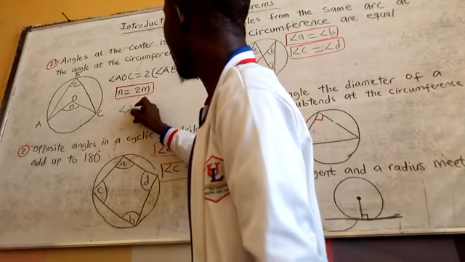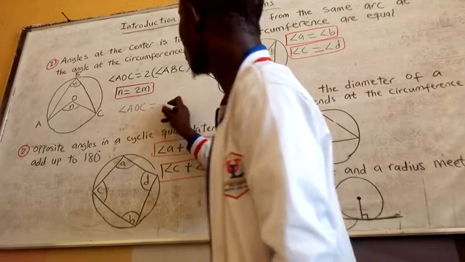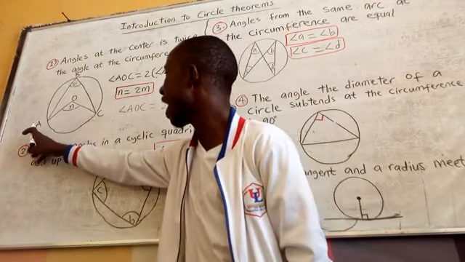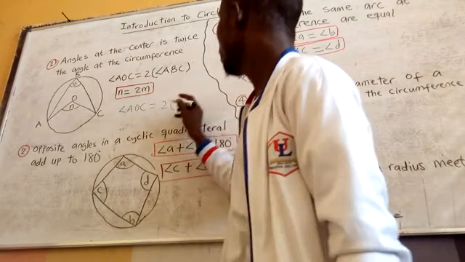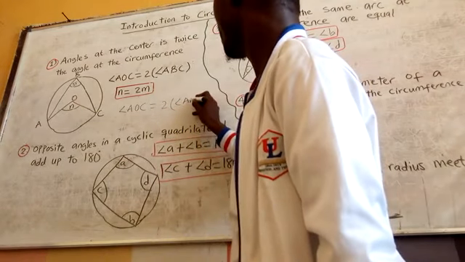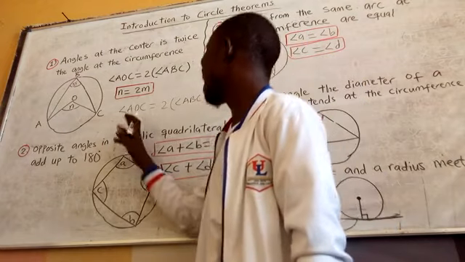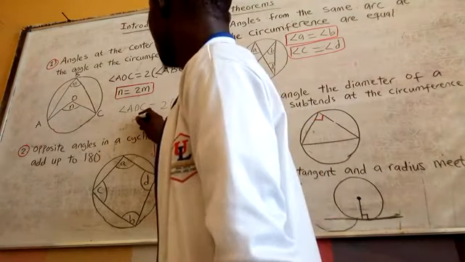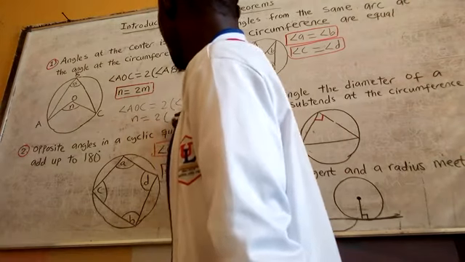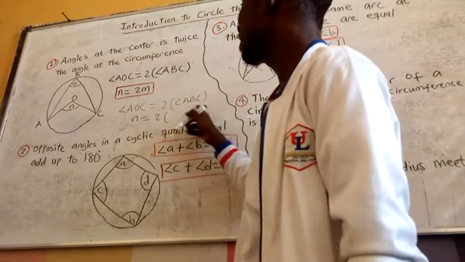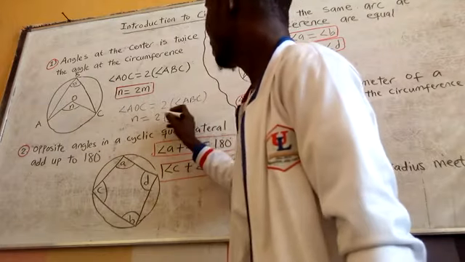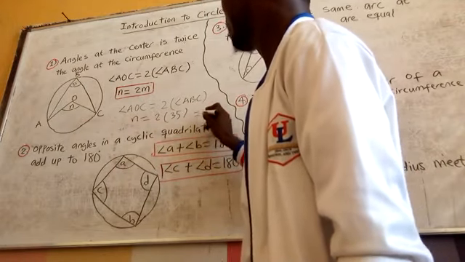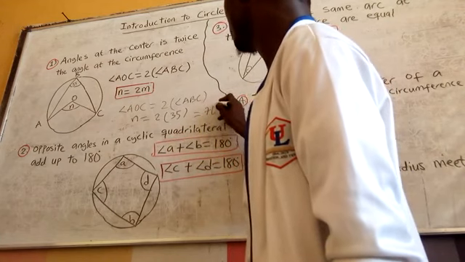So angle AOC is equal to 2 times the angle at the circumference, which is angle ABC. Replacing angle AOC with N, N is equal to 2 times angle ABC, which is 35. So we can clearly see that 2 times 35 will give us 70 degrees.